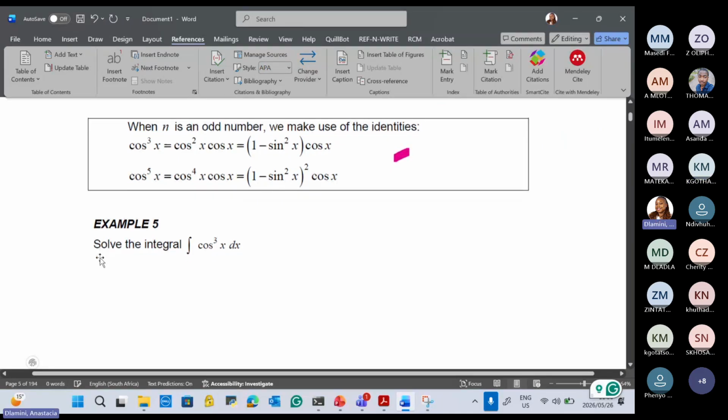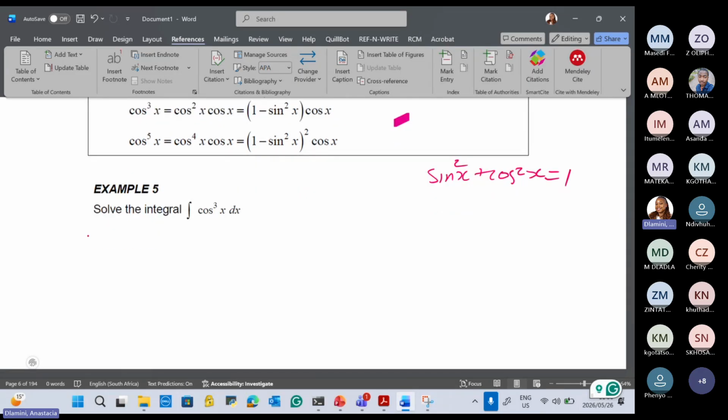Okay. So let's look at this. The important identity is always sine squared x plus cos squared x equals 1. Now let's split. This becomes the integral of cos squared x times cos of x dx. Now use this identity.